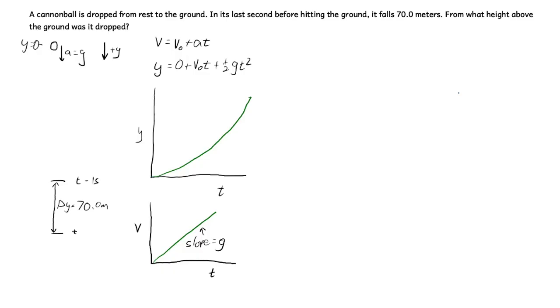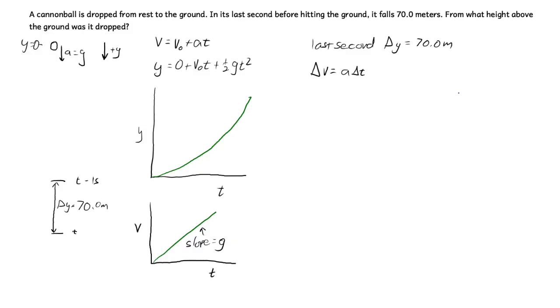We say in its last second, it travels a distance of 70 meters. And that also means that the delta v is going to be g delta t, right? That's the velocity is the acceleration times the time, or at least the change in velocity.